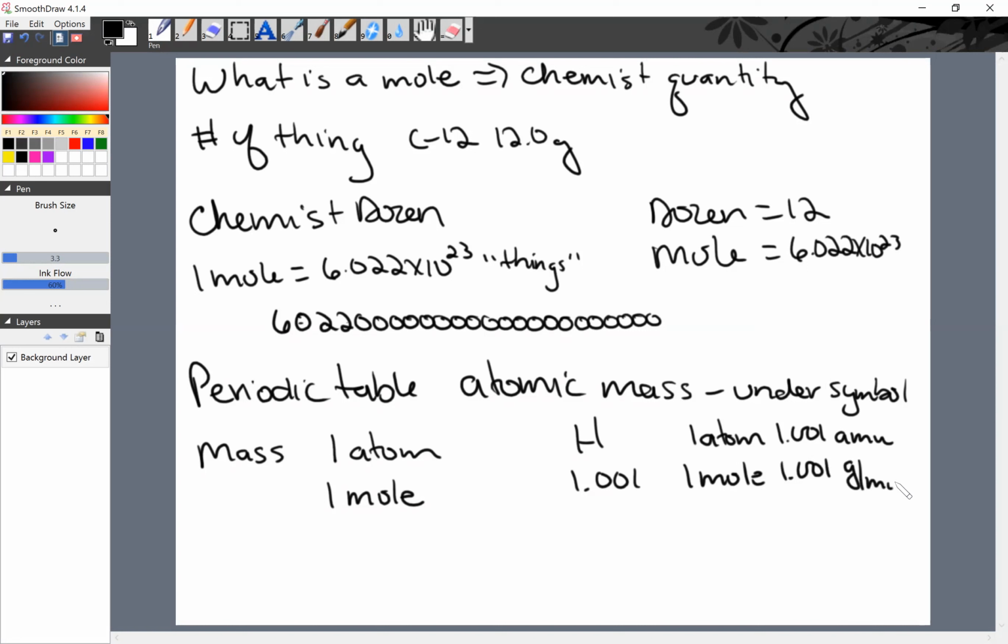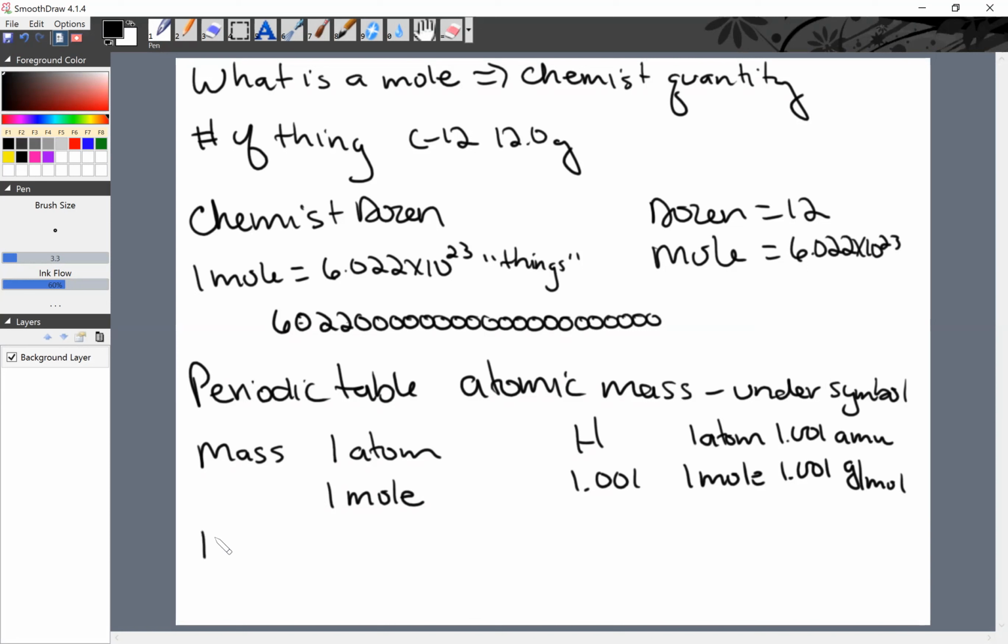But if you'll notice, the unit has to be grams per mole. So you just have to note, are you talking about one specific thing, or a whole mole of it? Those atomic masses at the bottom of your elements can be used for individual, not very useful, or per mole, which is more useful.